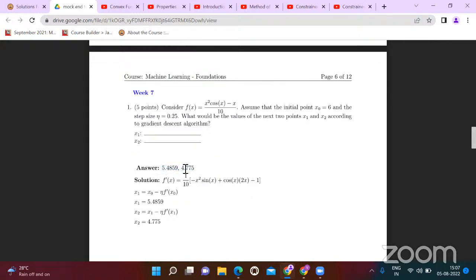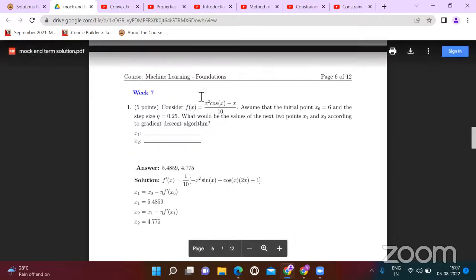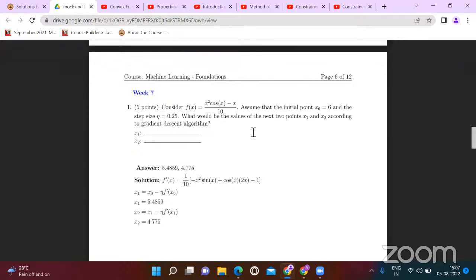We generally give a big range. For the last quiz, for some questions I gave a range like 5 to 6. In the exam, the range would be something like 4.5 to 5. So don't worry about that.